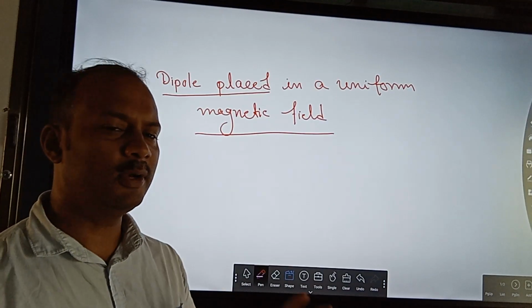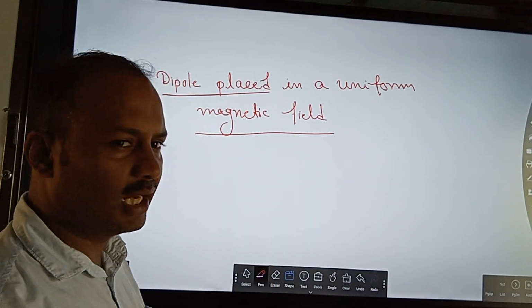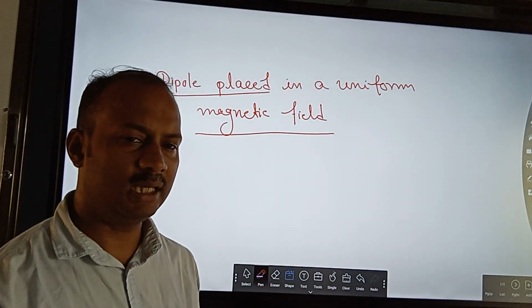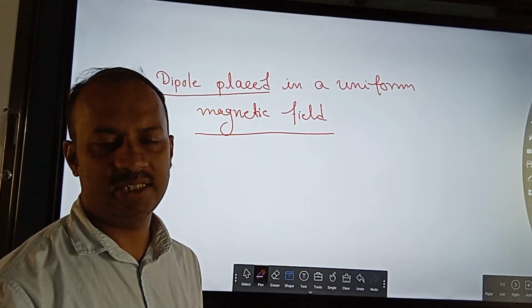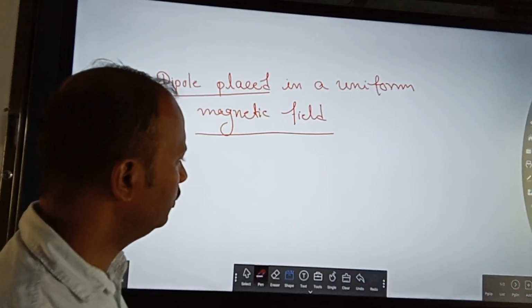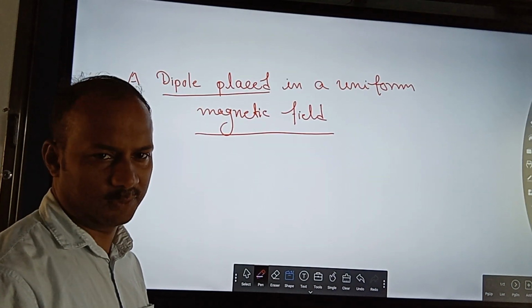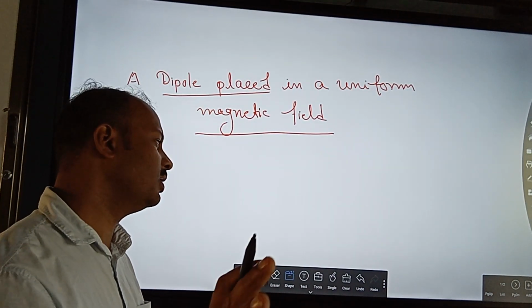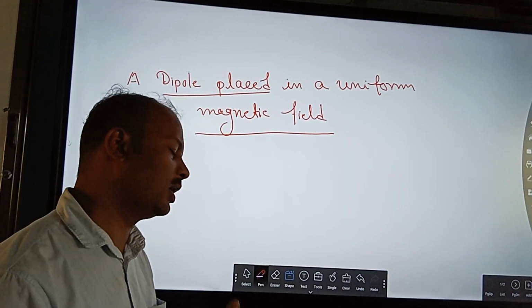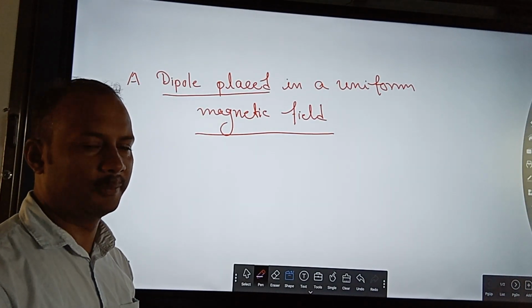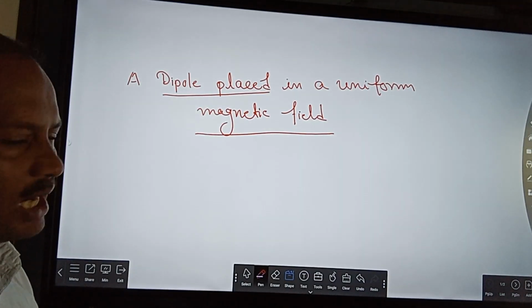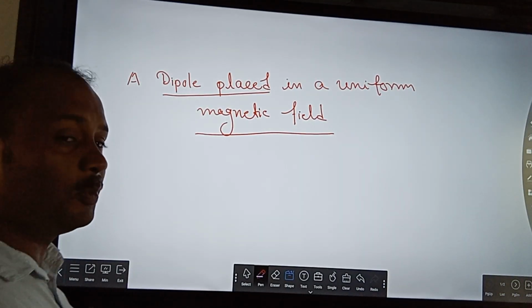Dipole means two. So there are two charges, one positive and one negative, and the magnitudes of the two charges are equal. So these two charges are placed in a uniform magnetic field.